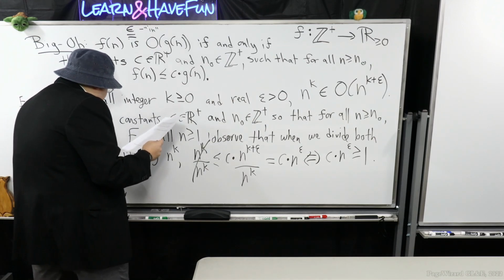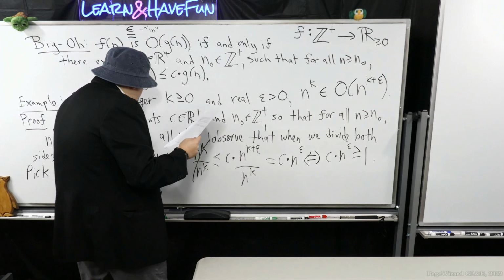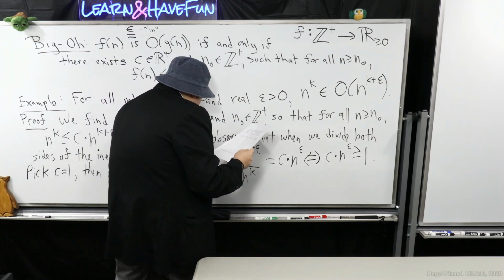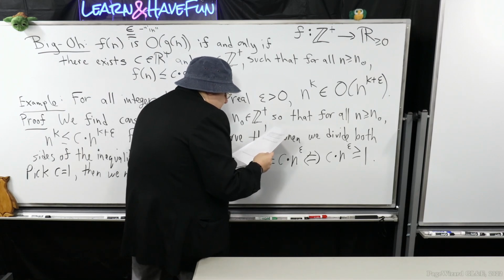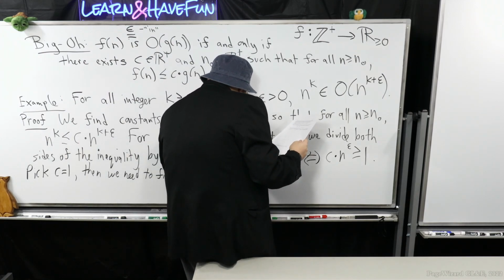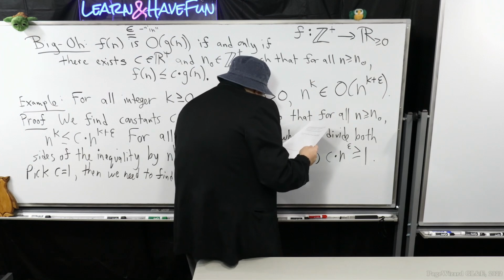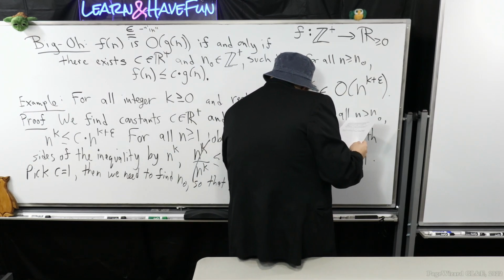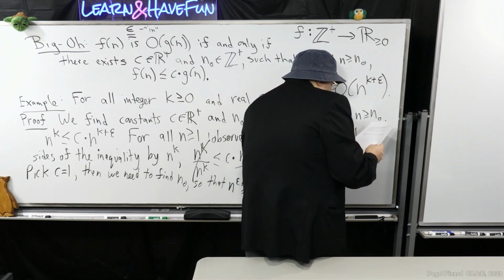Then we need to find n0, so that n to the power of epsilon is greater or equal to 1 for all n greater or equal to n0.